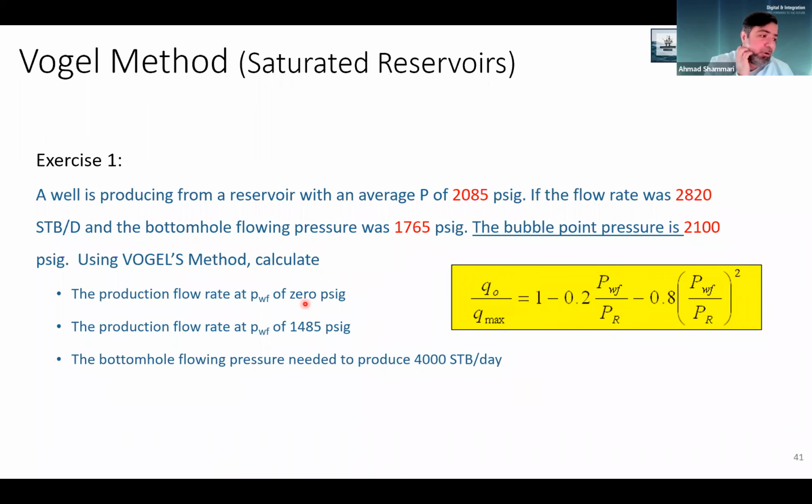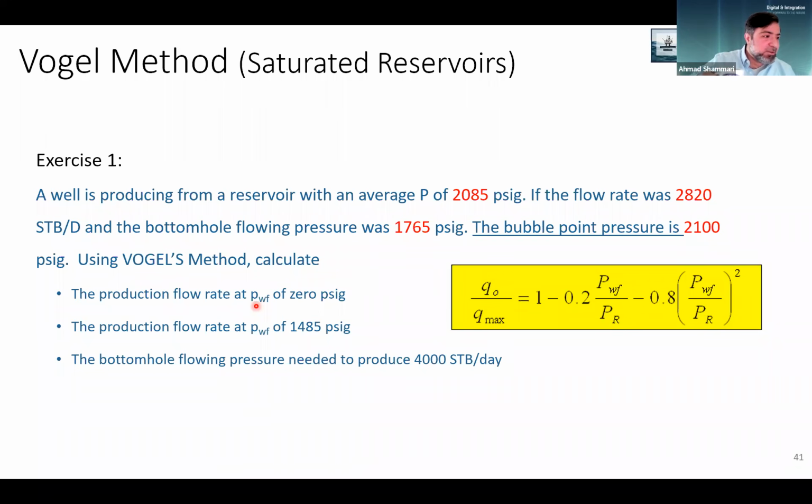I want you now on the chat, just by looking at this equation, I'll give you 2-3 minutes to answer. Can we use this equation to calculate the production flow rate at PWF of 0?